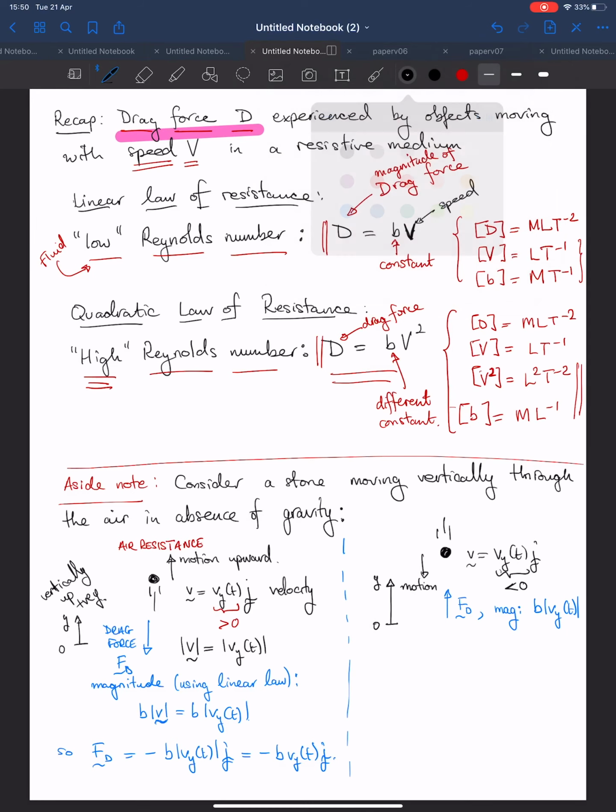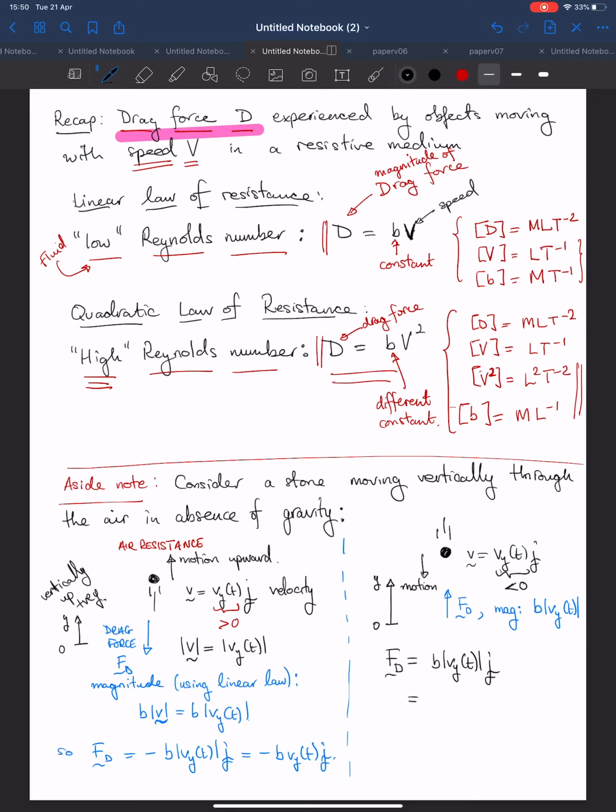Except this time, F_d is going to be given, if I want to actually write the vector, because remember, if we're talking about Newton's equations of motion, I need to write vectors. The vectors have to have the correct signs, so I need to be able to construct these in the right way. If I know the magnitude, I know this F_d points vertically upwards, so it is simply this without the minus which we had before. So this is now our drag force vector.